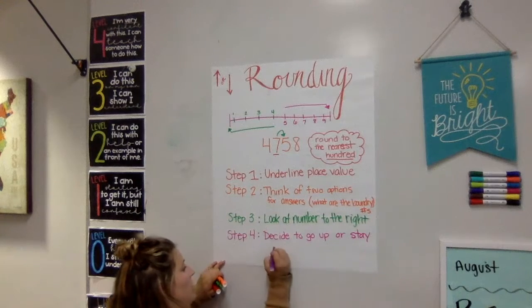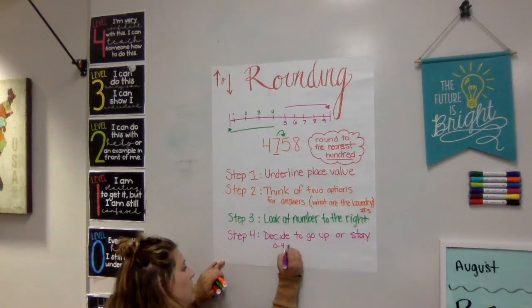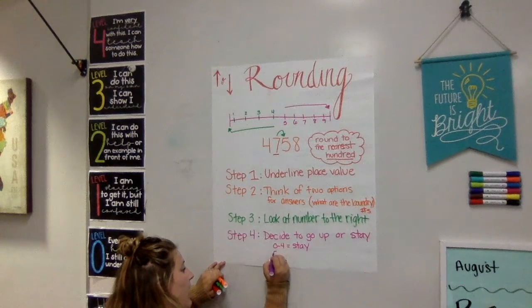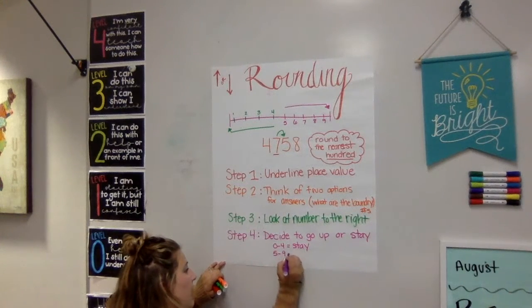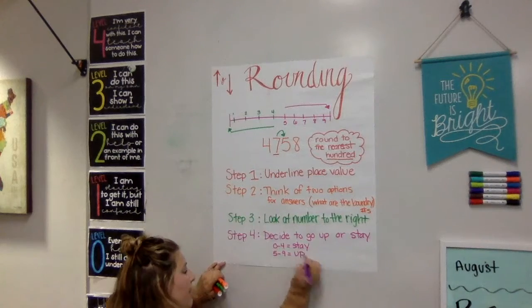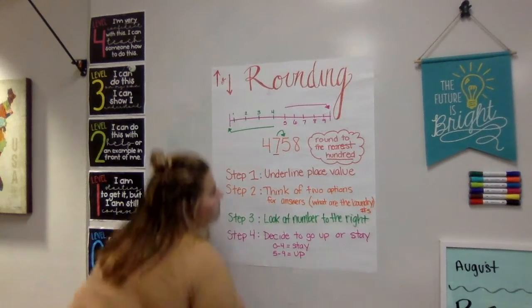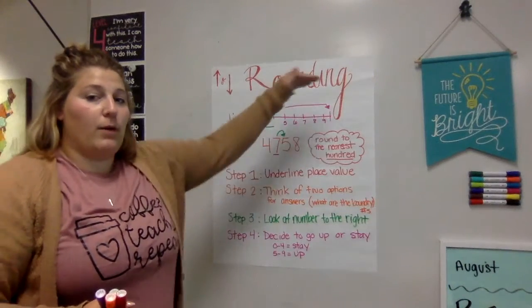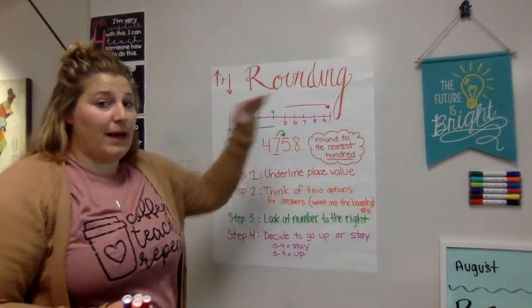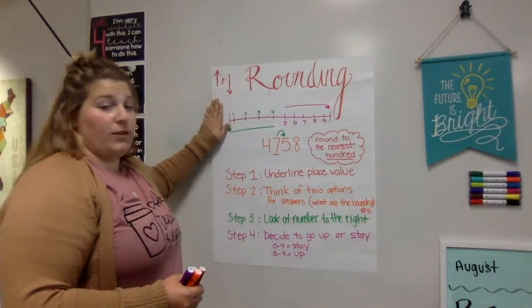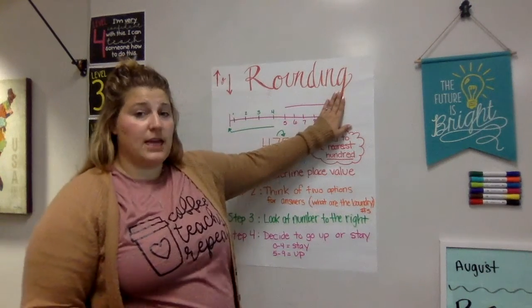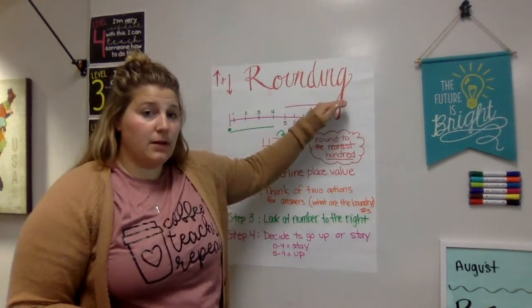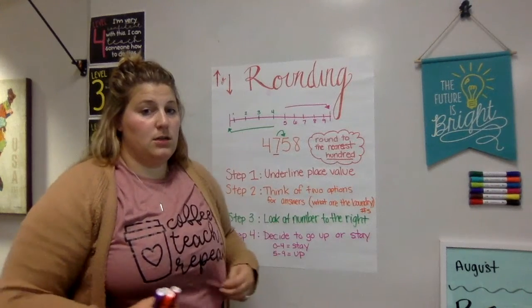And you follow this rule. 0 to 4, stay. 5 to 9, up. So since this is a 5, I would be going up. And remember I said my two boundaries were 4,700 and 4,800. I'm going up to that 4,800.